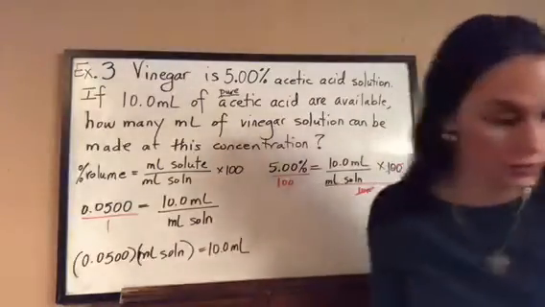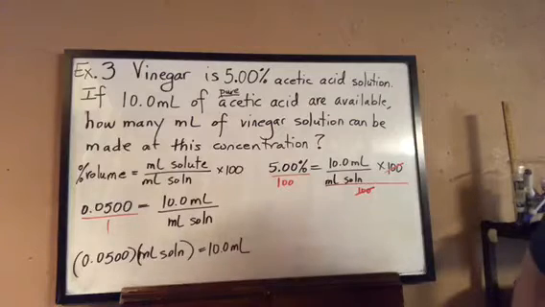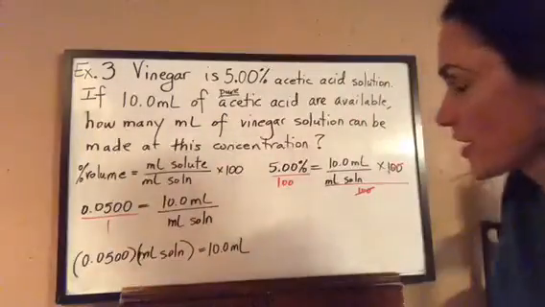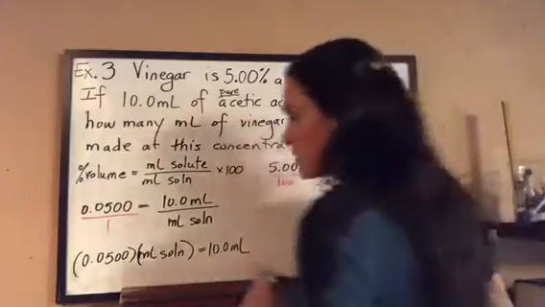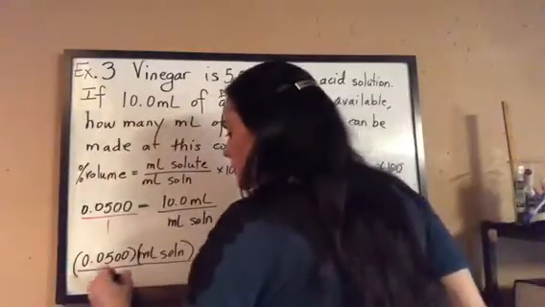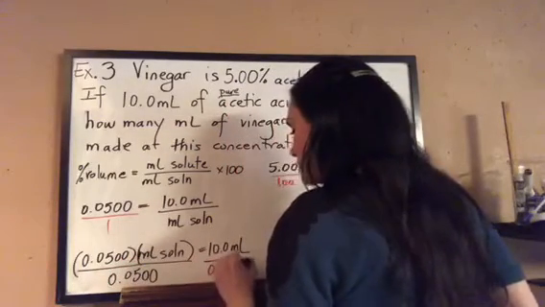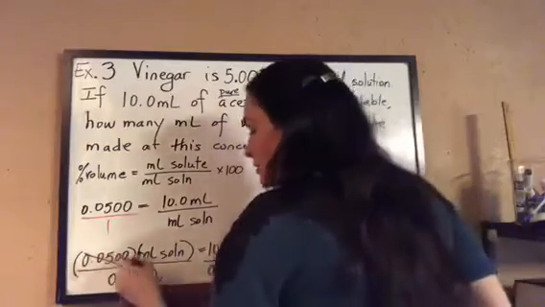If you do the reciprocal way, you need to make sure that you are dividing both sides by 0.0500, but you have to remember to bring that variable of the solution amount over. That's our unknown, so now we need to divide both sides by 0.0500. So that goes away.